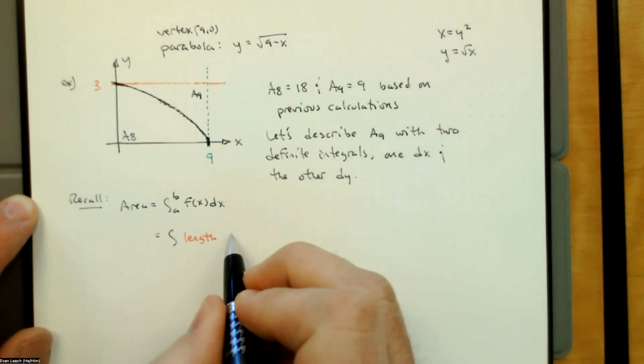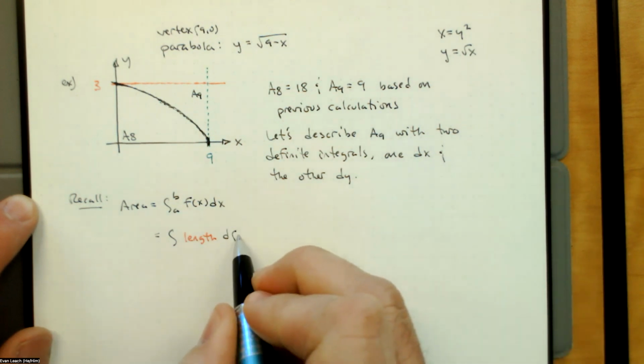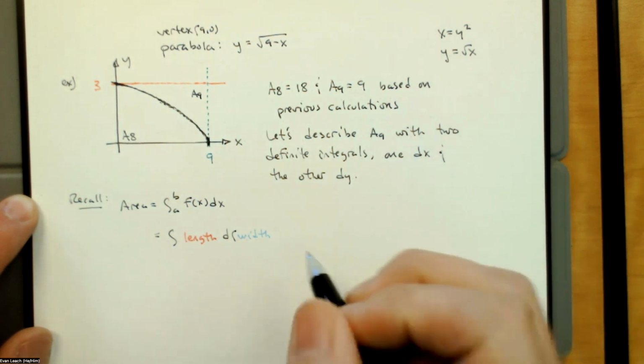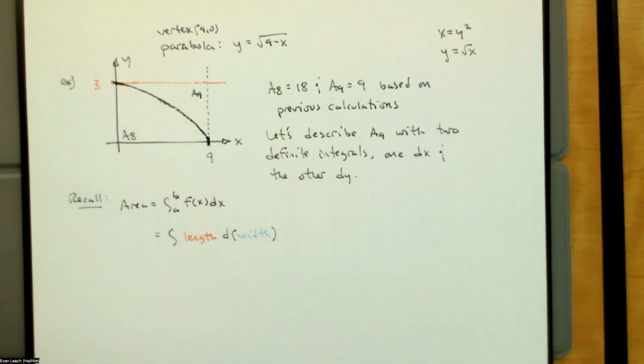And we're looking at a little piece of the width. And then we integrate over all the different values of the width.